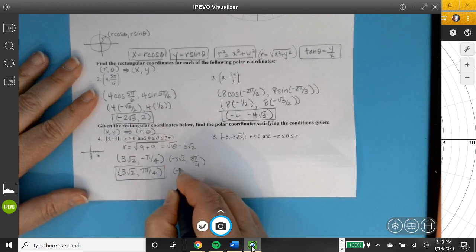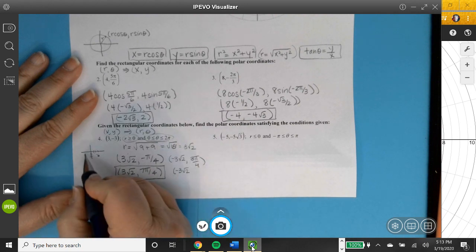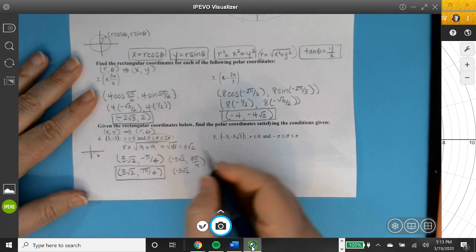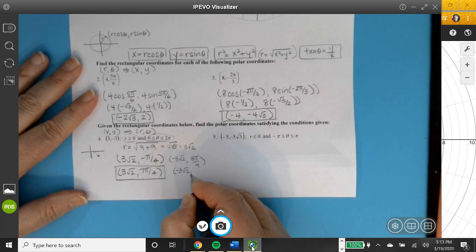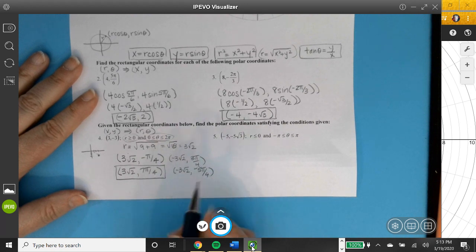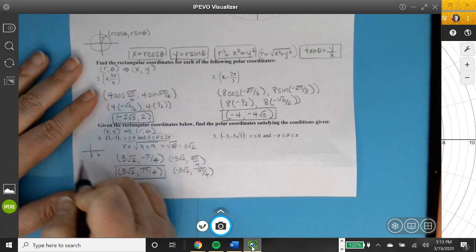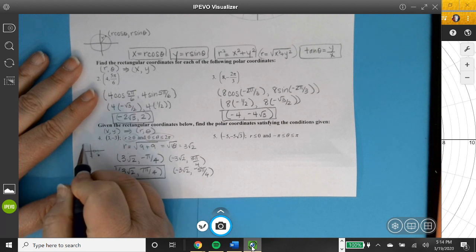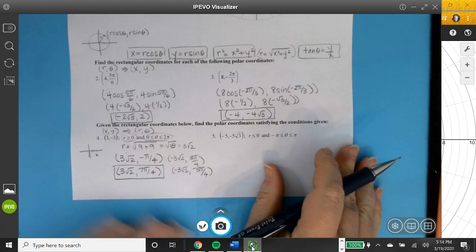Or I could say negative 3 root 2 and then go in the negative direction, and that would be negative 5 pi over 4. Right? Because remember, counterclockwise is positive and clockwise is negative, which is a little bit strange when we're dealing with polars.